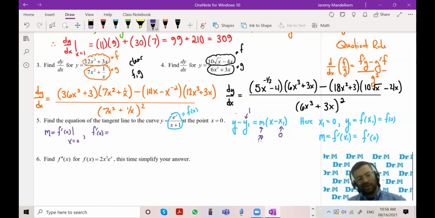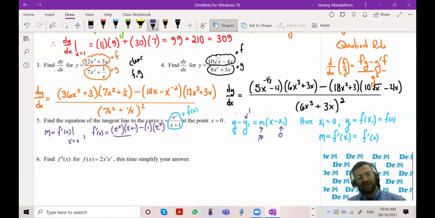So I'm going to write u prime, which is just e to the x, times v, which is x plus 1, minus v prime, which is 1, times u, which is e to the x. And all this is divided by, well, we can make that look nicer.